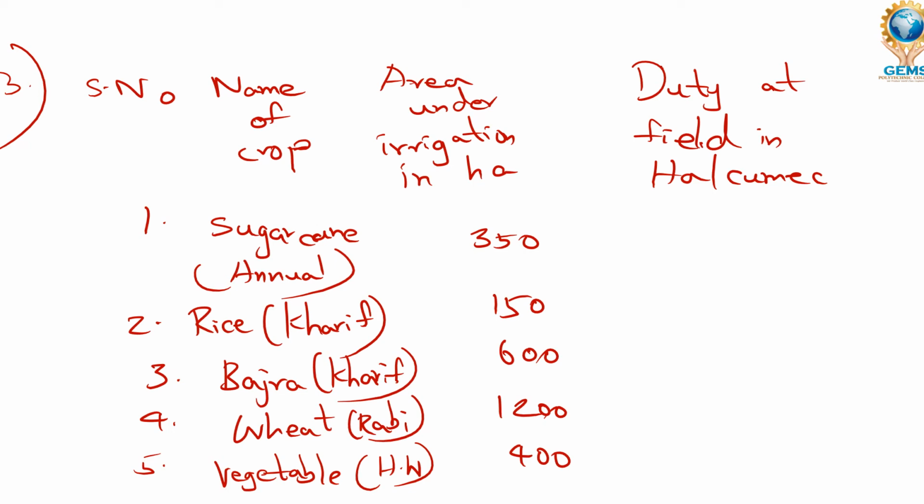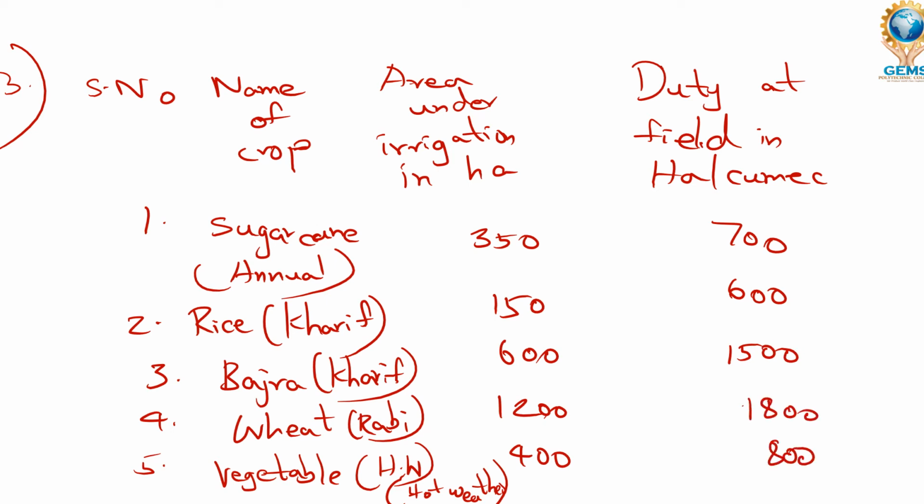The HW season which we have mentioned here is the hot weather season, where actually the weather will be very hot. The duty at field is 700 for the first crop, which is sugarcane, and for rice it's 600. For bajra that is 1500. For wheat it's 1800, and for the vegetable it is 800.